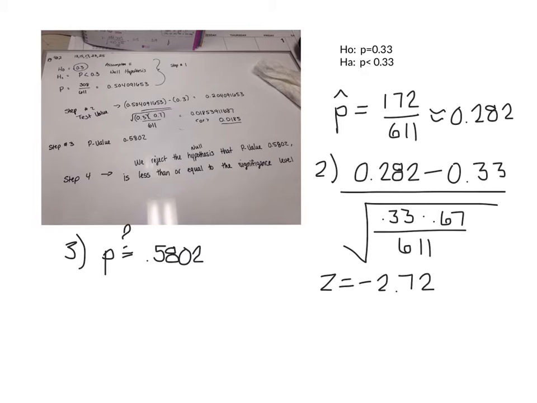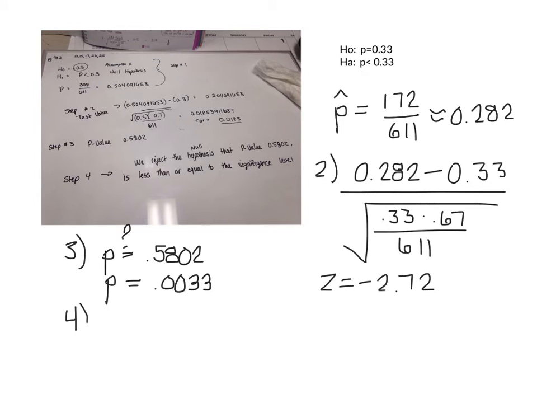I don't know how that's done in StatCrunch, but we want to know the probability that we'll have a z-score less than negative 2.72. And that really should produce a p-value of 0.0033. So again, I'm not sure where you got your p-value of 0.5802.